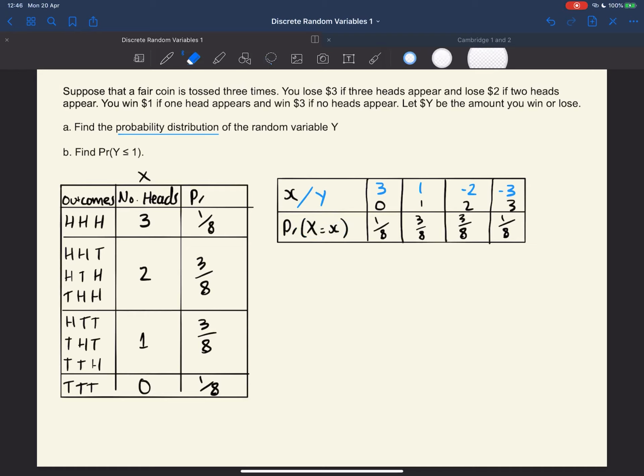We don't actually have to write x anymore. We can just write y. This is the probability of y, of the number of dollars you may win for each particular number of heads that you'd flip. Okay, so that's part A.